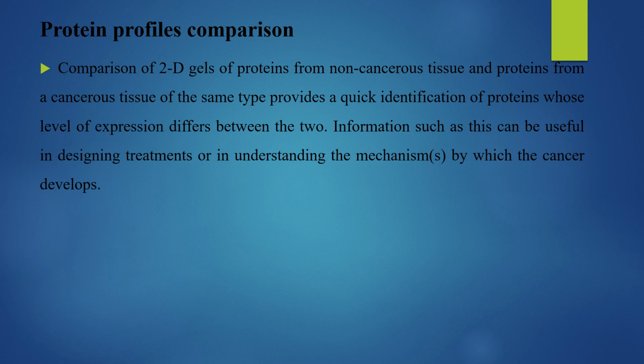So if you do a 2D gel of proteins from a cancerous cell and a non-cancerous cell, you can compare and know where the changes are and then zoom in and deal with them. That's how powerful molecular biology can be in diagnosis.